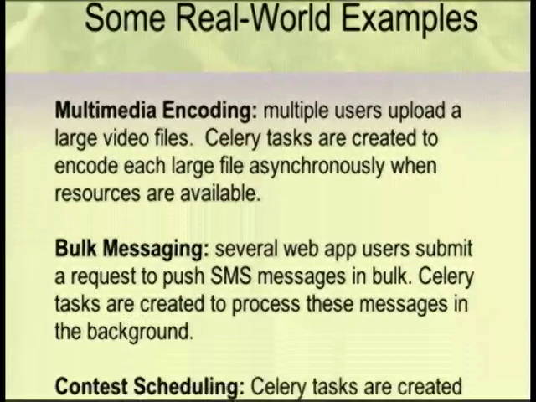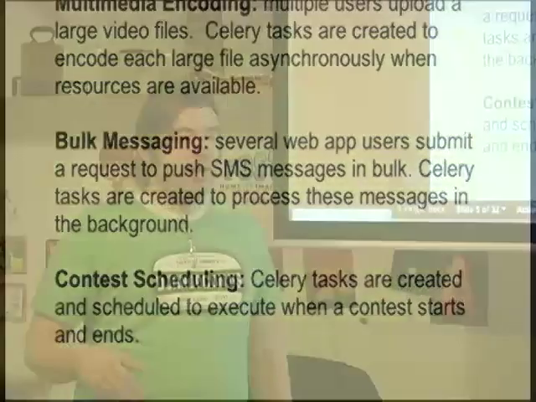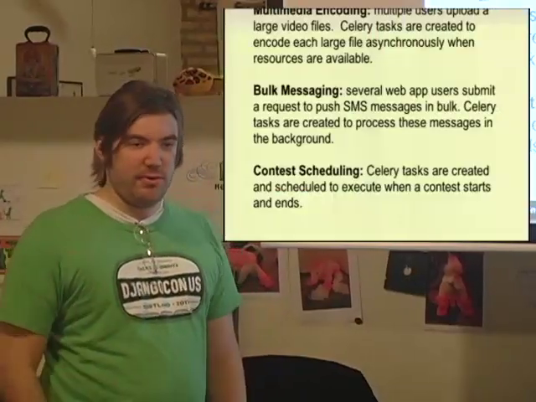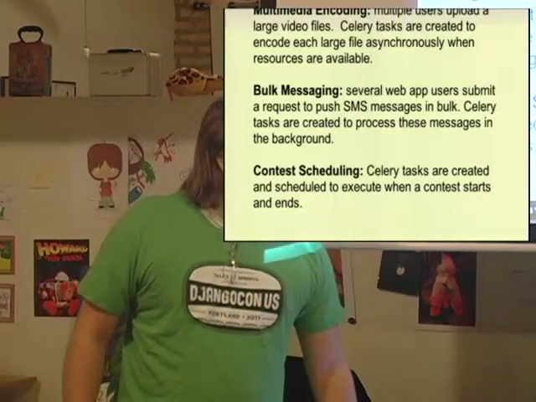We've used it for contest scheduling. For example, you can schedule a contest to happen in the future, and then when that time comes around, we'll execute the contest, and further jobs can be spawned off of that job to mark certain milestones in the contest lifecycle.